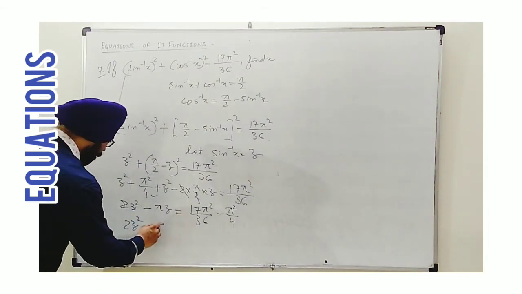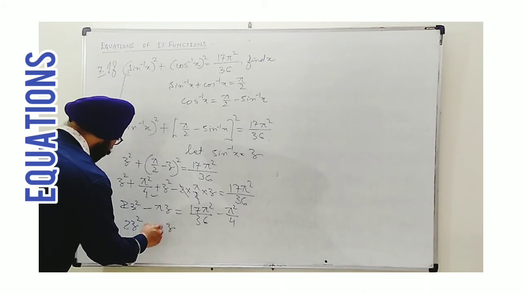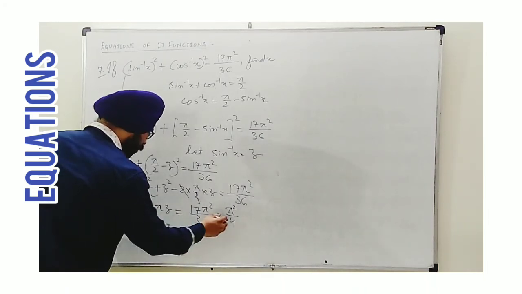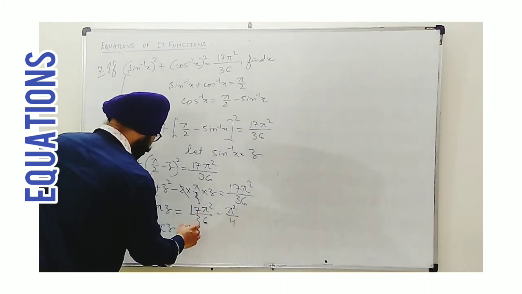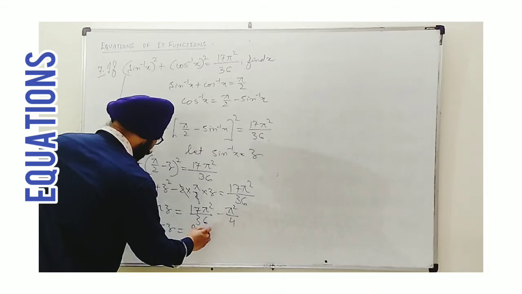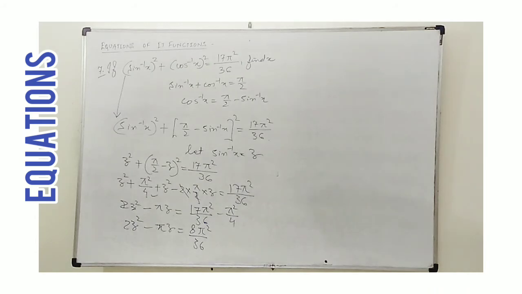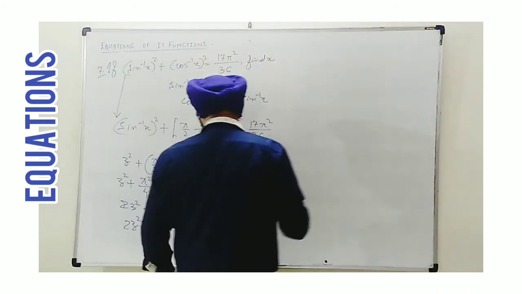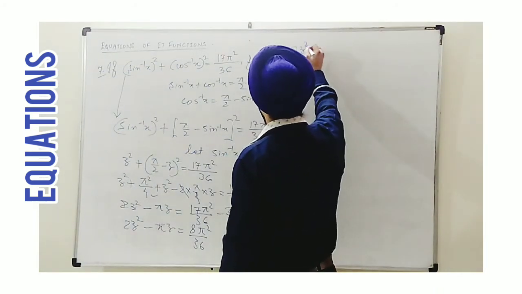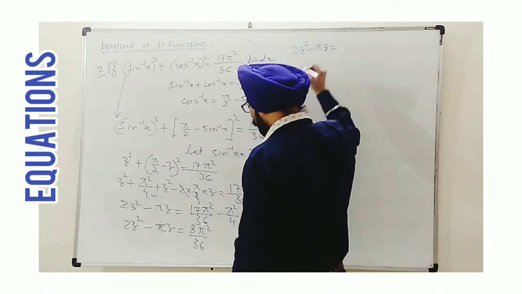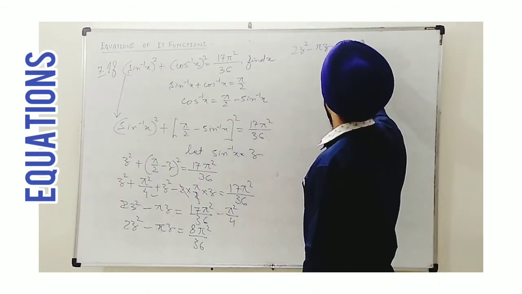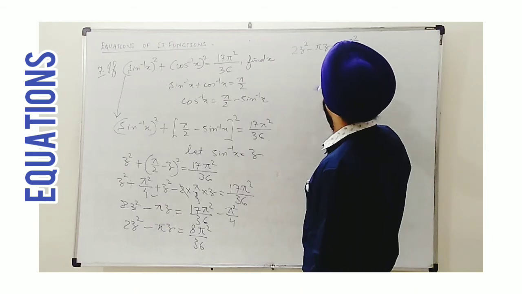2z square minus pi z equal to 8 pi square by 36 we obtain. Now further solving, we get twice z square minus pi z equal to 2 pi square upon 9.